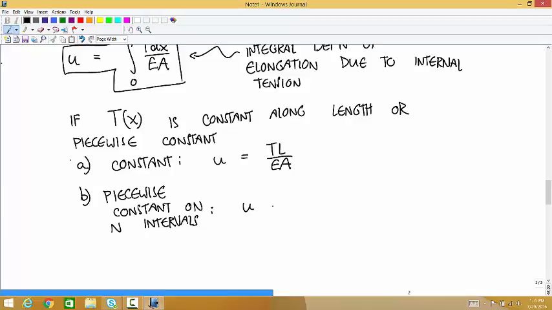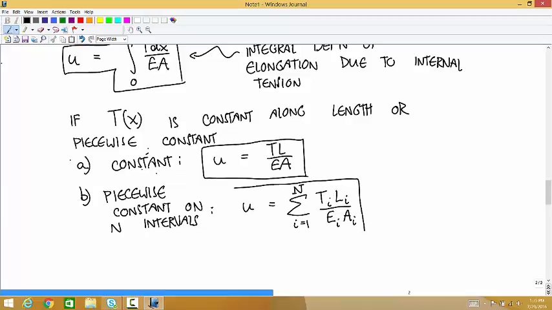Then U for the whole beam is equal to the sum over all of those n intervals of T_i L_i over E_i A_i. Any one of these things can change. So these are the three formulas that you're going to need for elongation due to tension.